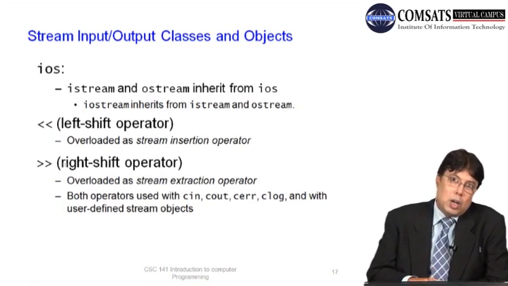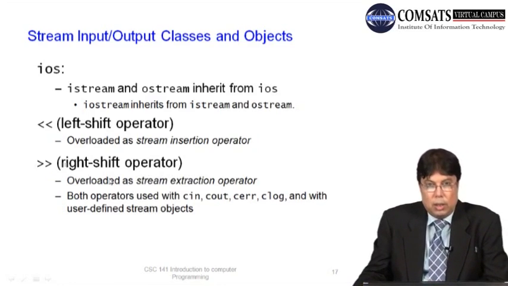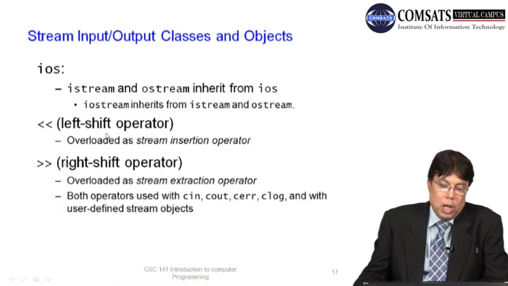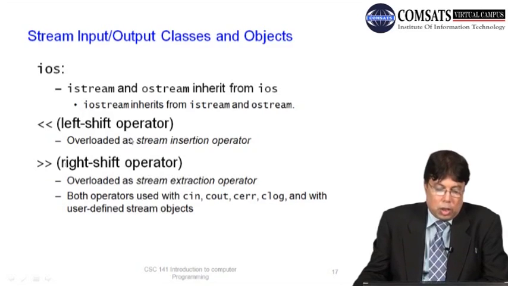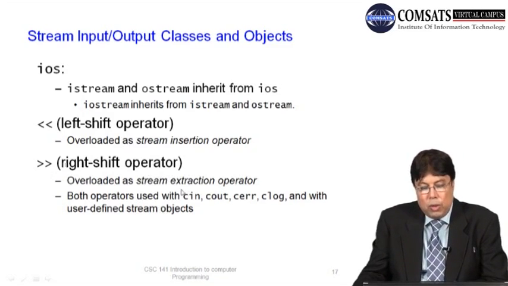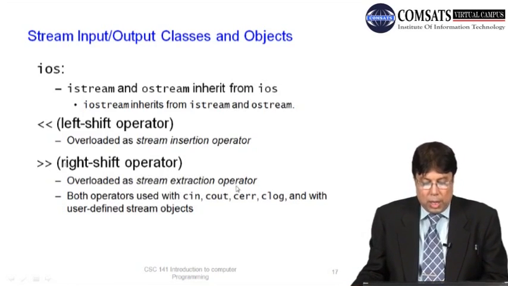You use it with cout, because cout is an output stream. So you insert your output, and that is the stream insertion. But with cin, a stream is available and you need to extract from it. So this is called the stream extraction operator.